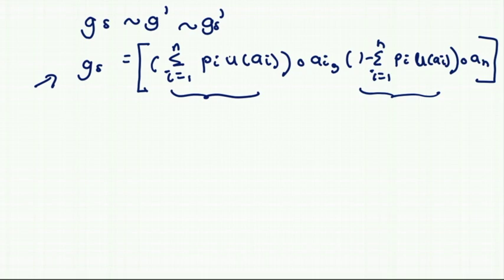So by definition, therefore, the utility of a simple gamble is a unique number. And this unique number satisfies what?